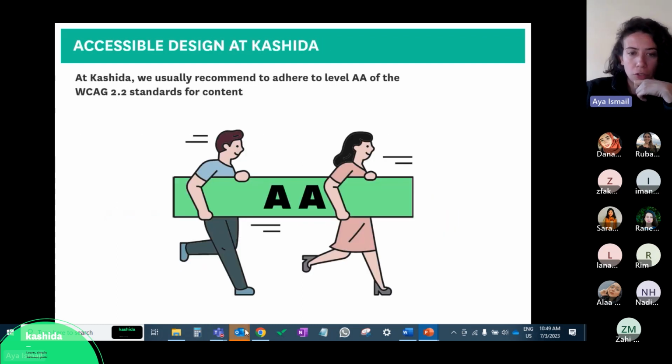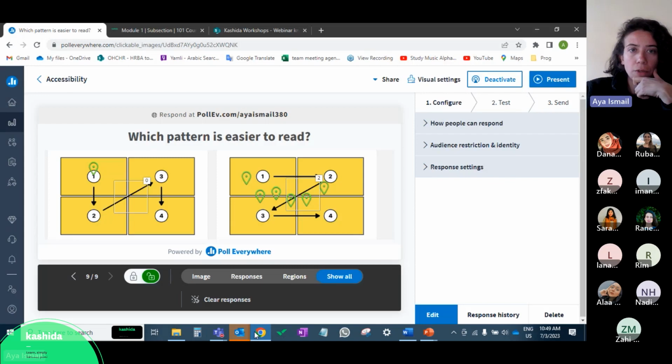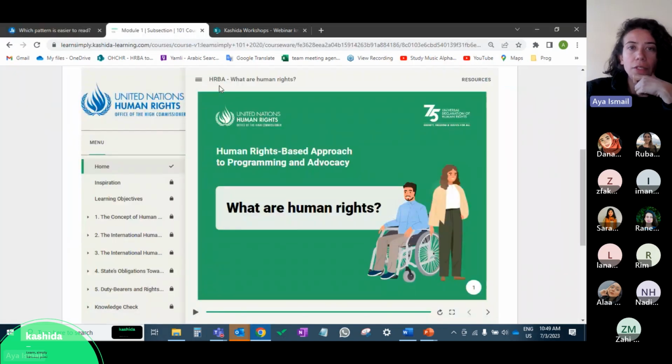And so I'm going to start showing you the example of our course that we are right now working on. It's called the Human Rights-Based Approach to Programming and Advocacy. So this is a course we are doing for the United Nations Human Rights Office of the High Commissioner.